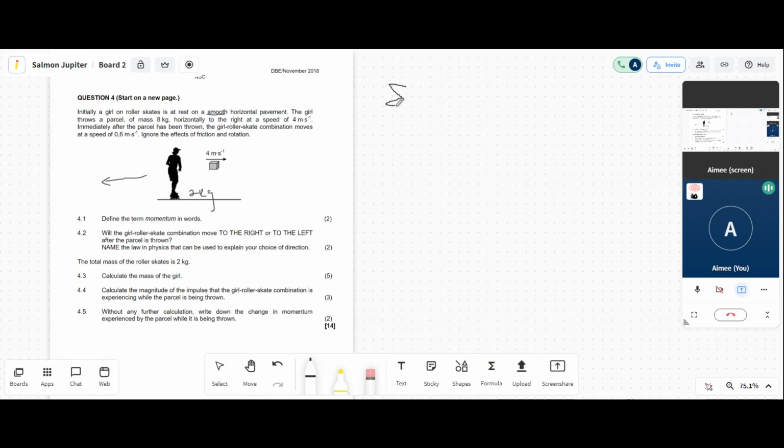The formula says the sum of momentum of the system at the start, or initial momentum, where P stands for momentum and I is initial, is equal to the sum of the momentum in the final scenario, or at the end of the scenario. And there is no friction, and they've said that no energy is lost or anything like that.